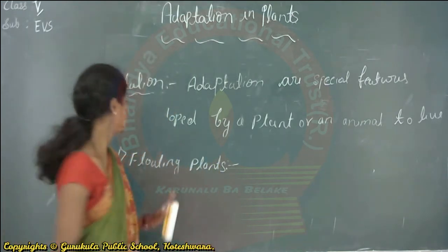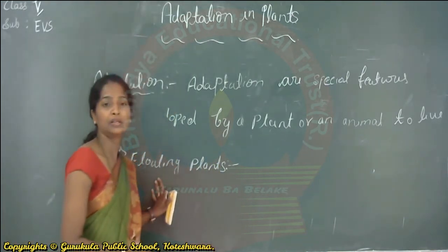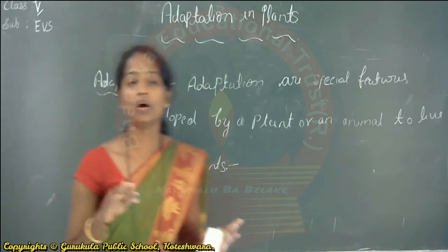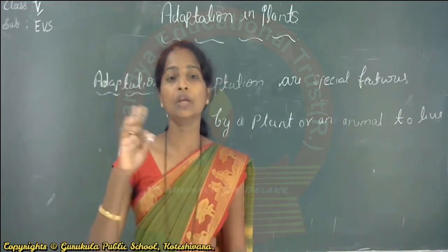The plants that float on the surface of the water are called floating plants.